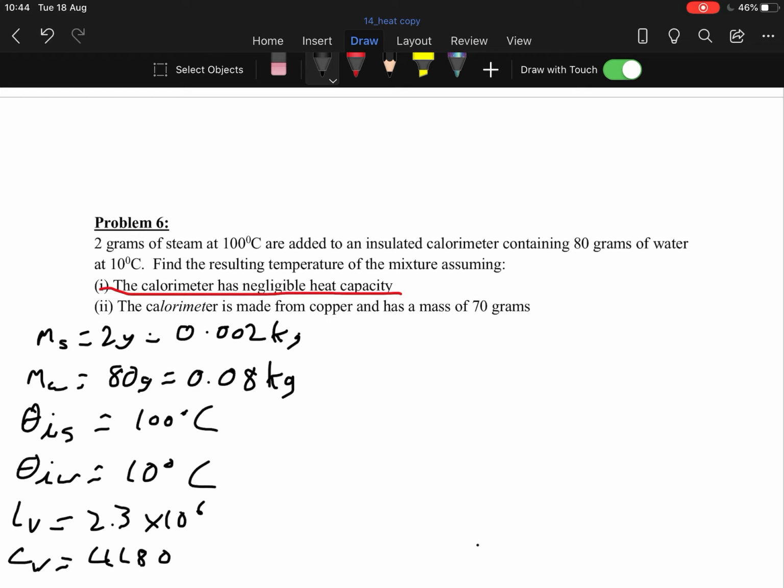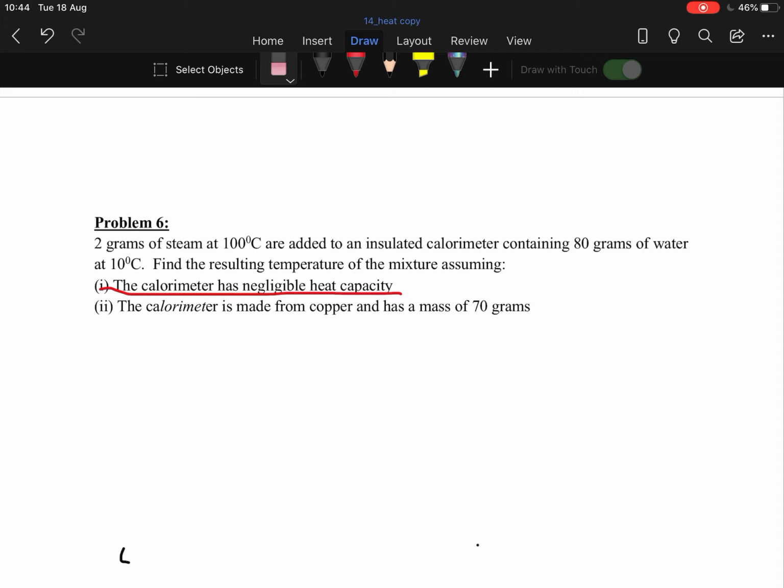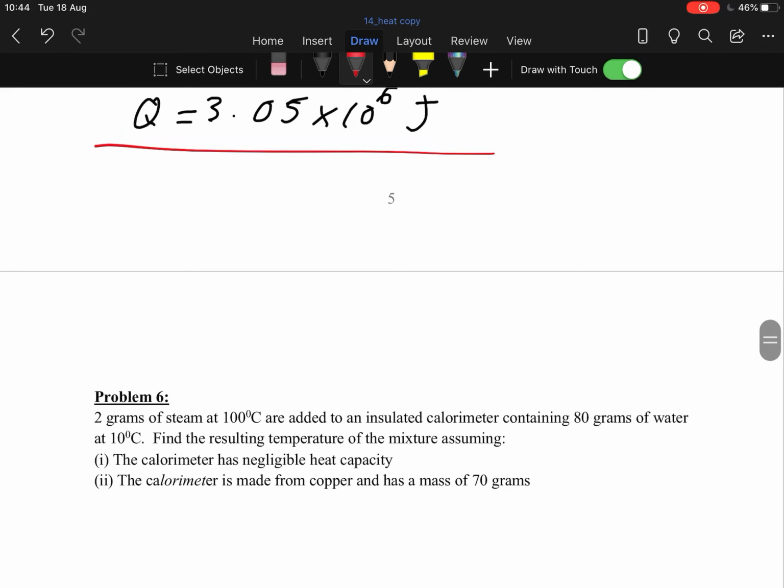Okay, so I'm going to rub them out now so you see that you have them. Make sure that you're correct with your books or your copies. So again, like the previous one, we start the same way. We're adding something hot to something cold. So we start with heat gain by what?